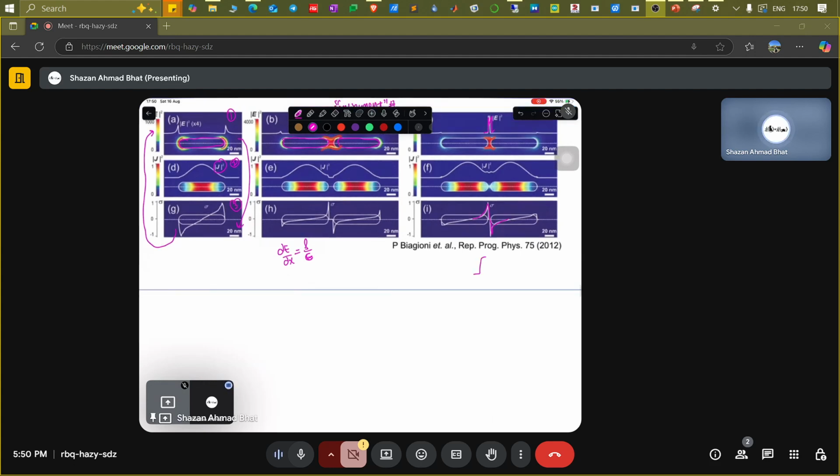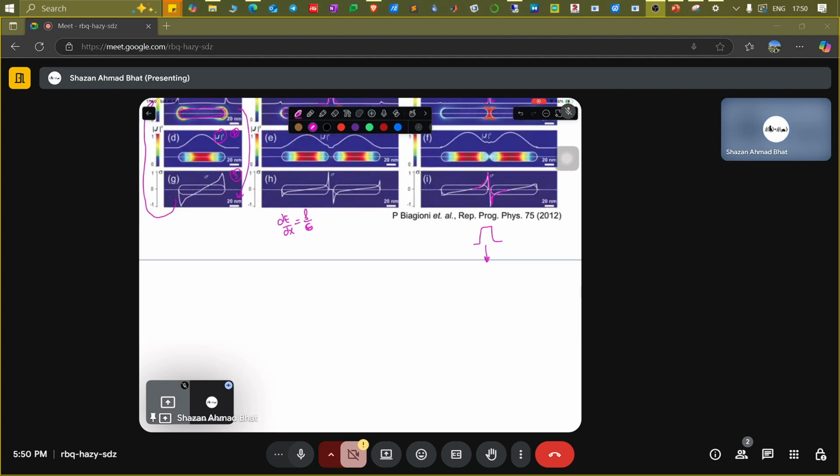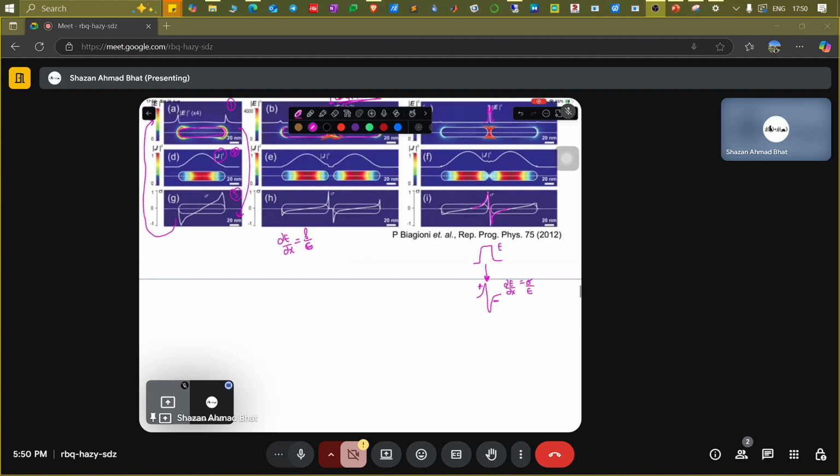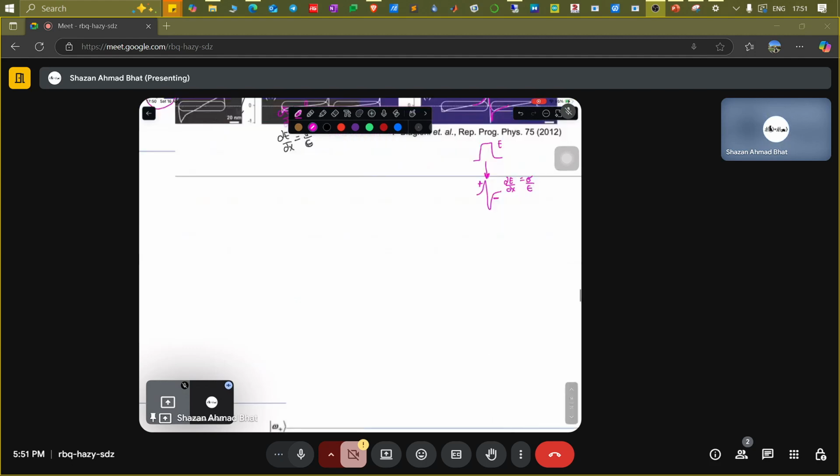If you have, let's say, a step-like profile, you can take a derivative of it and you get a charge density of this type, where this is positive and this is negative. So if this is the electric field, then this is ∂E/∂x, which will be basically sigma over epsilon. That is what I wanted to tell you, how you can go back and forth.